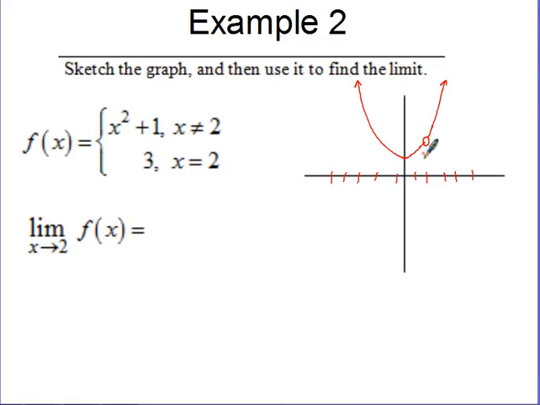Now, first of all, I know that this is 1. My scale might be off a little bit here. Can you tell me where this hole actually occurs? Well, 2 on the x-axis, but can you tell me what y value this is? 5, because it's 2 squared plus 1. So this is 5. I can see my scale is a little bit off, because if this is 1, then that's 5.